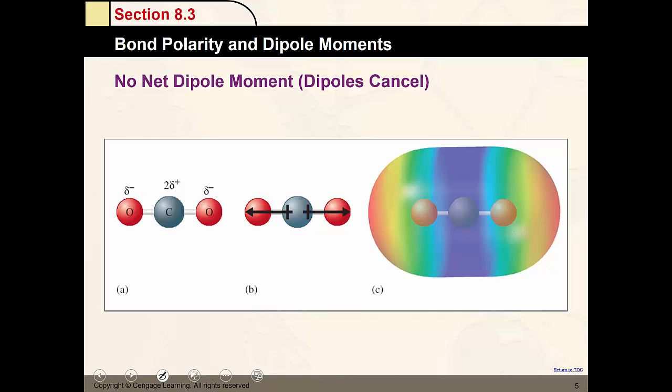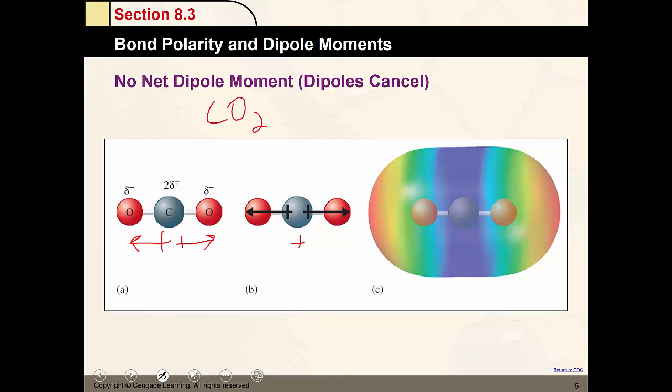For example, carbon dioxide, CO2, is symmetrical. It is a linear shape. If you look at the individual dipole moments, each one is pointing towards the more electronegative oxygen. However, since it's symmetrical, if you add these two up, there is no overall dipole moment.